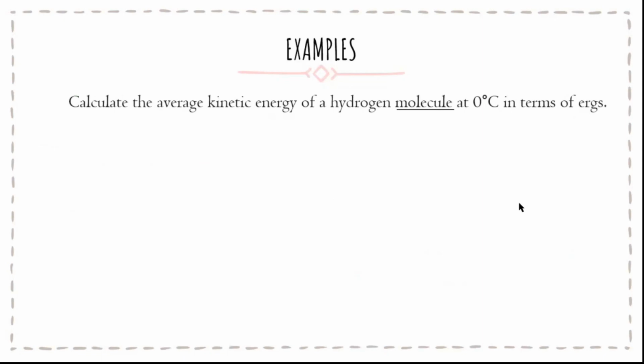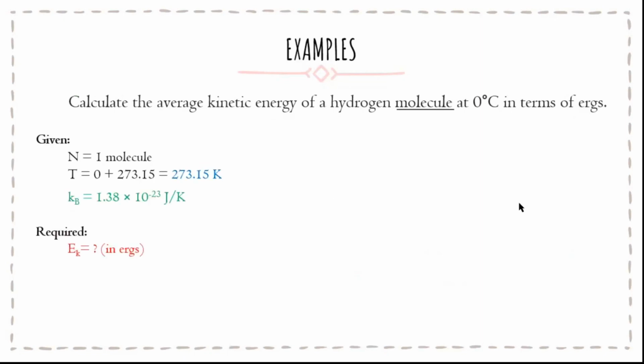So we have another example here. We can calculate it. It's the same example, but different approach, different way of solving it. Okay, so we have the formula nRT is equal to two-thirds of the EK.